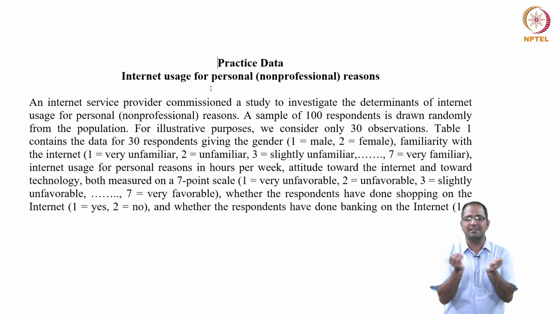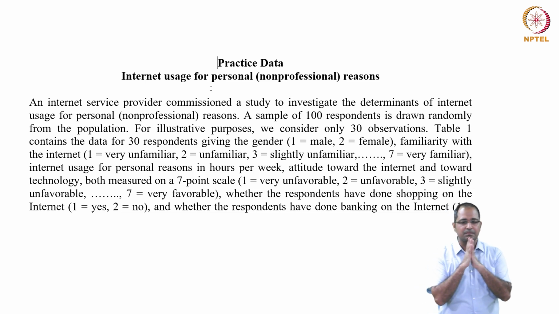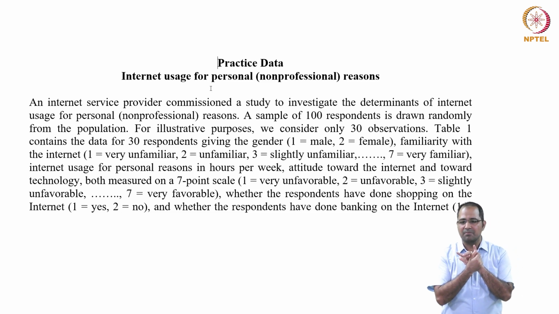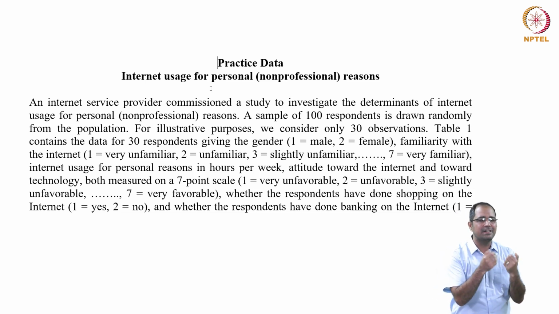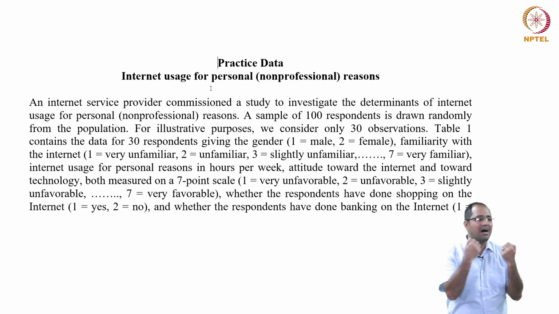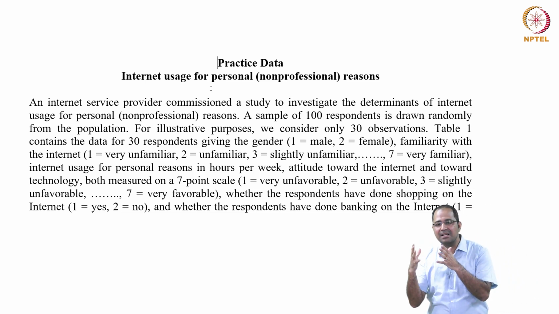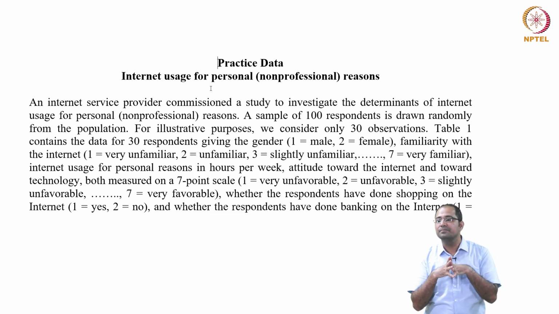So what all different data cleaning techniques we discussed in the last class? We begin with looking at the range, maximum, minimum, so that we get to know whether there is any value that is marked outside the range, and we catch it and we clean it, we correct it.